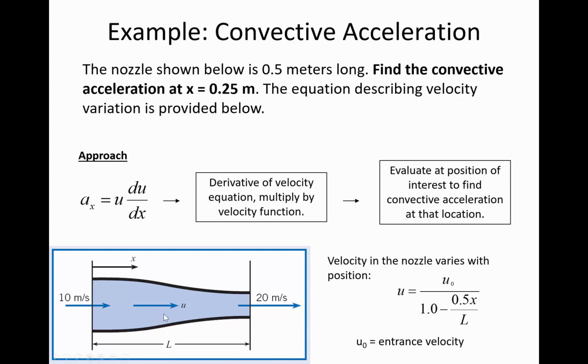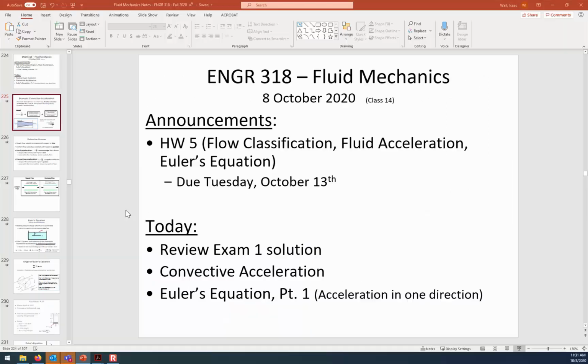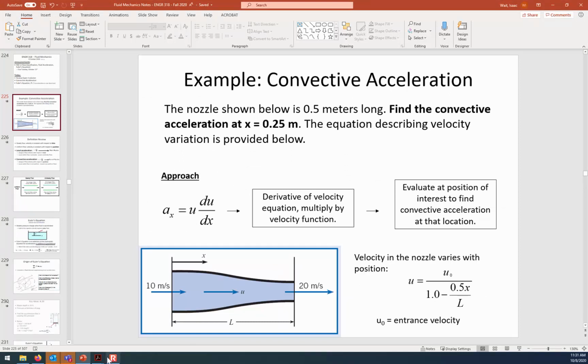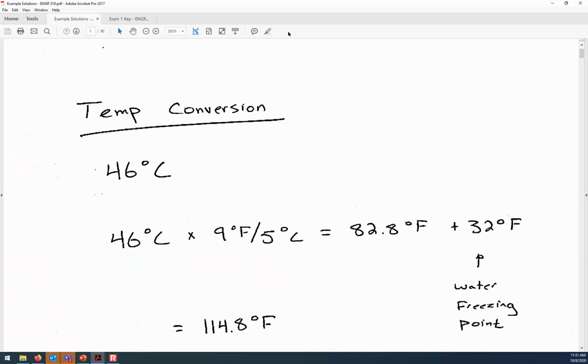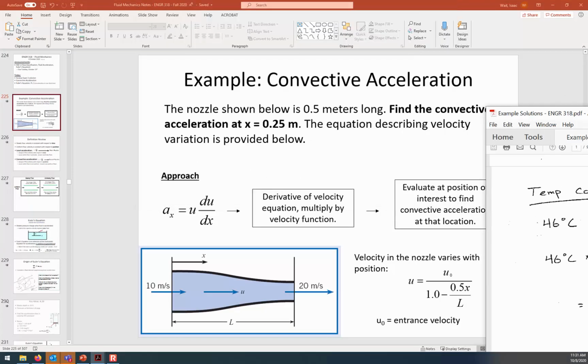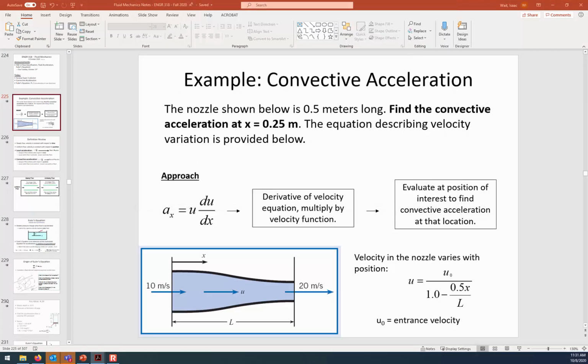And so at a certain location, we want to multiply the velocity at that location, u, with du dx. All right. So let me open up the solution for this one, because it may have been a while since you used the chain rule in calculus, and I have a little summary for the chain rule that I'd like to share with you.